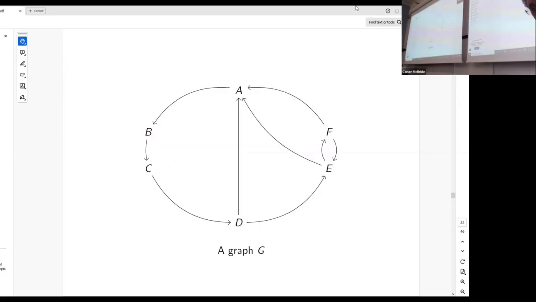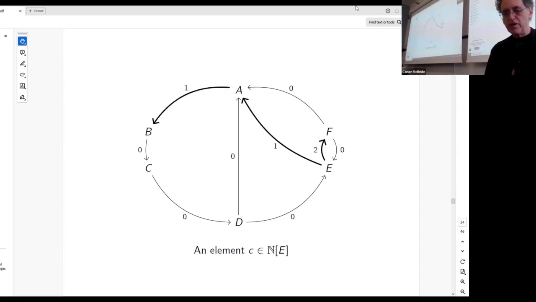So here's a graph that has, I guess, 1, 2, 3, 4, 5, 6 vertices and some number of edges. Now we're going to apply the functor N of G. So now we allow ourselves to take linear combinations of vertices and linear combinations of edges. So, for example, here is a particular linear combination of edges, so an element C in N of E. I've drawn the coefficients of each edge, which are mostly zeros, but there are some where the coefficient is 1 or 2.